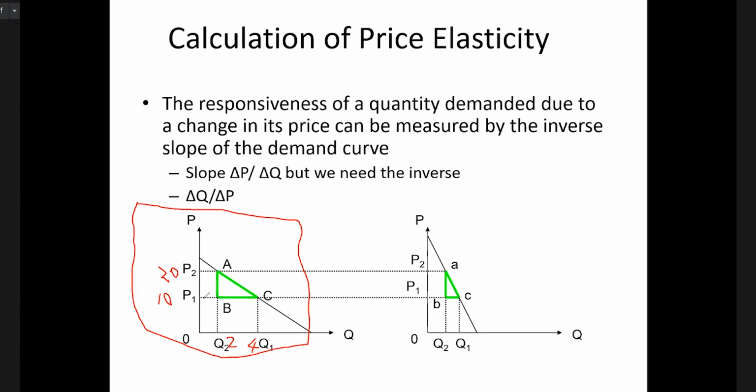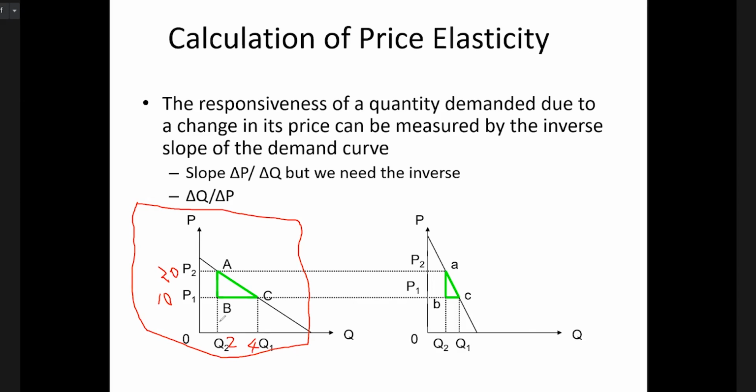Now we are having 2 points, right? We have price 10 and the respective quantity is 4. And price is 20 and the quantity is 2. Let's say this is about sugar, right? So when sugar price is 10 rupees, there will be 4 kilos demanded. And when price increased to 20, we have 2 kilos demanded.